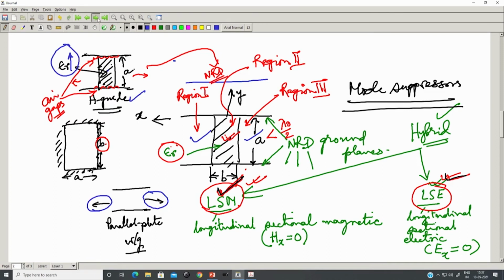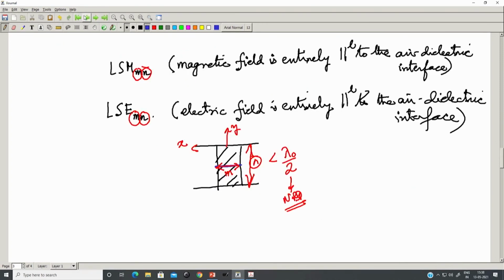So, the fields in these two regions, region 1, region 2, region 3, the fields in region 1 and region 3 are evanescent and below cutoff.